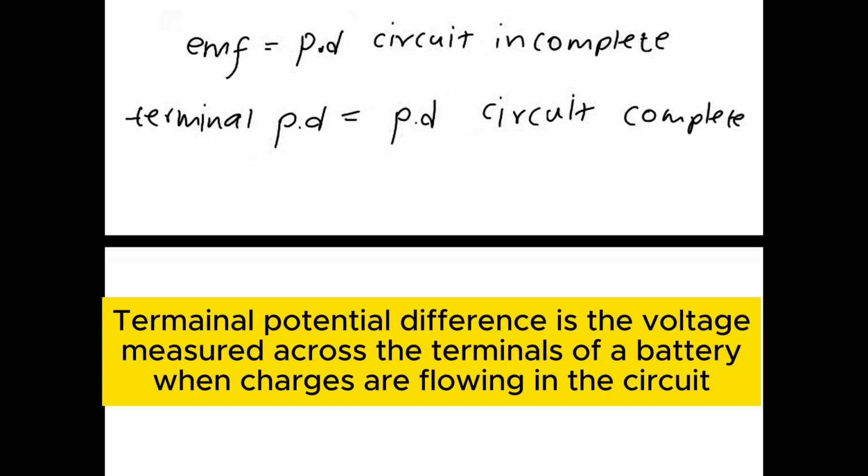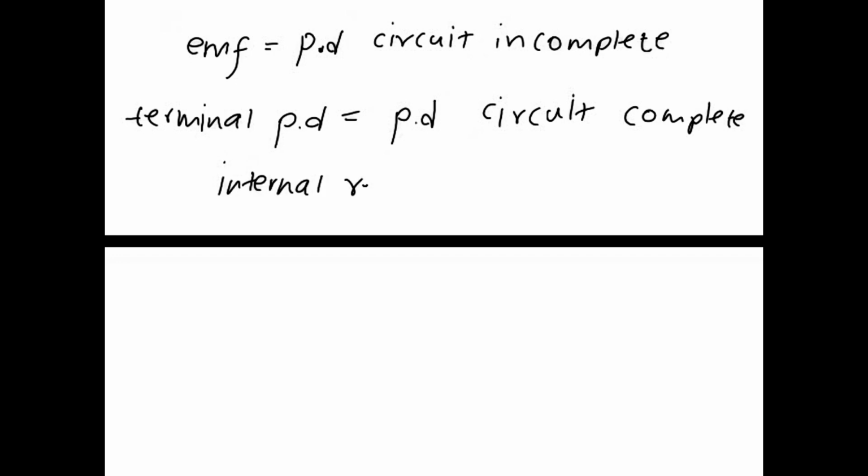Now, in this example, they don't mention anything about something called internal resistance of the battery. I think you will learn about this in grade 11. So they don't mention anything about this. And because they haven't mentioned anything about it, it means we can make an assumption that the EMF in this instance is also equal to the terminal potential difference.